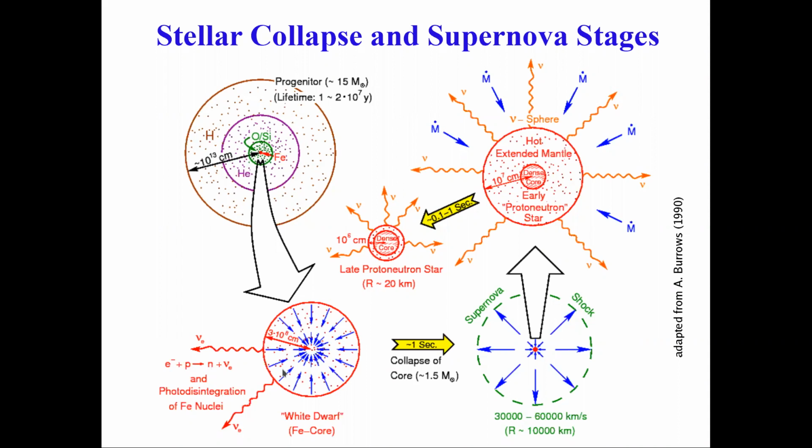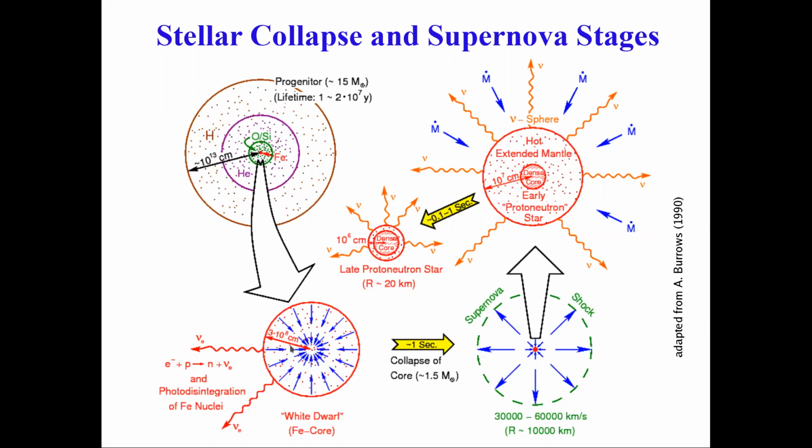And roughly at the mass limit of the Chandrasekhar mass, not exactly, it can vary quite a lot, but roughly at the Chandrasekhar mass, this core becomes unstable. The initiation is by two different ways. On the one hand, it's electron captures on protons. The protons are mostly bound in heavy nuclei, initially at least, and the photodisintegration of the iron group nuclei into alpha particles, mainly at the beginning.